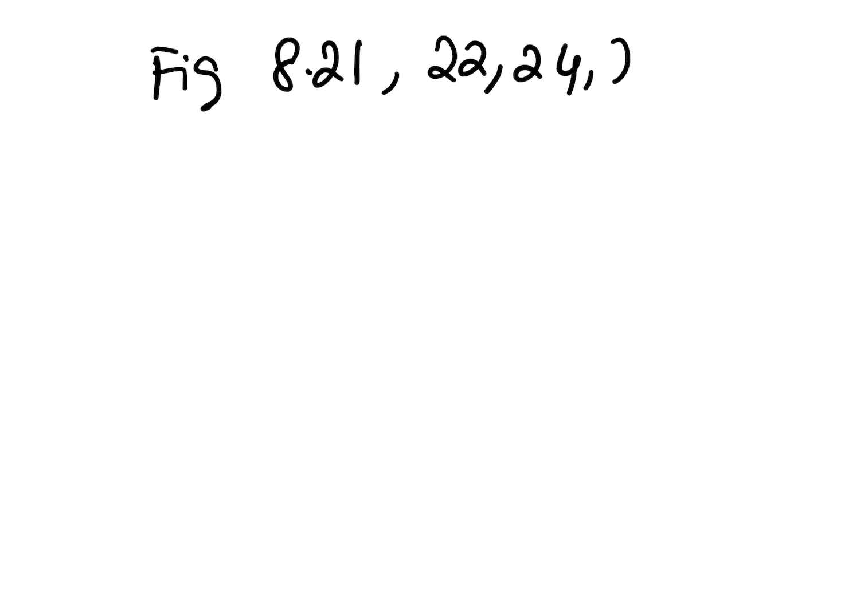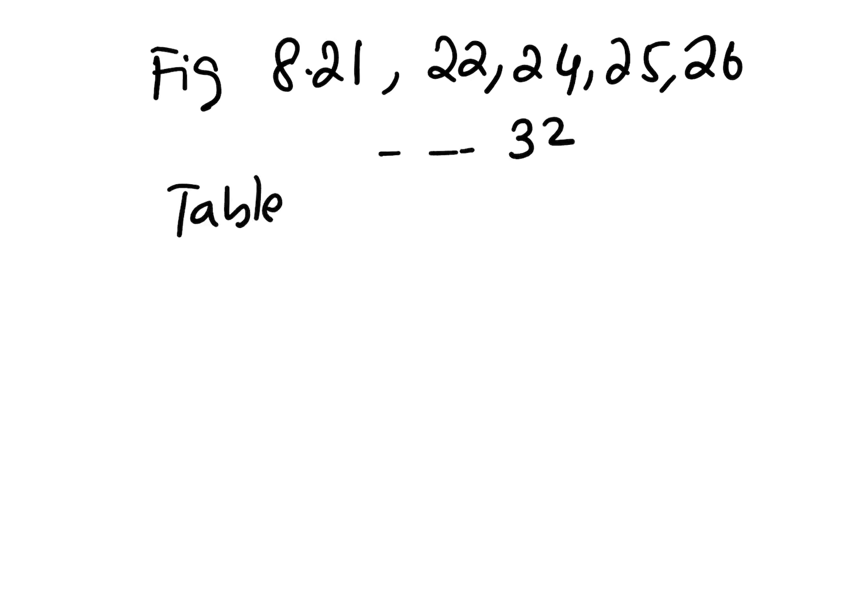If you take a look at the textbook, figures 8.21, 22, 23, 24, 25, 26, and the list goes on until we reach, I think, around figure 32 and table 8.2.